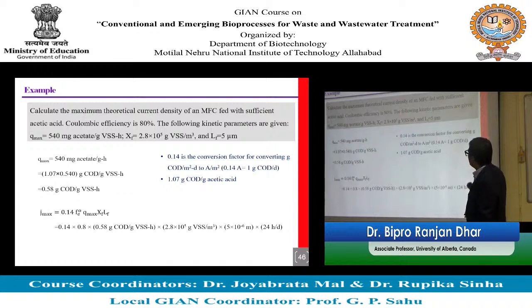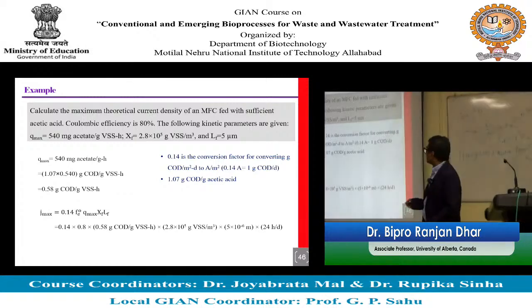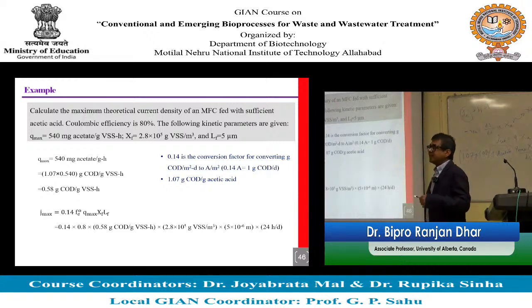So 0.14 multiplied by 0.8, I have Qmax, I have the value for XF, and the biofilm thickness I have to convert into meter. It is provided in micrometer, so I divided by 10 to the power 6. And now you need current, so it's going to be per second.